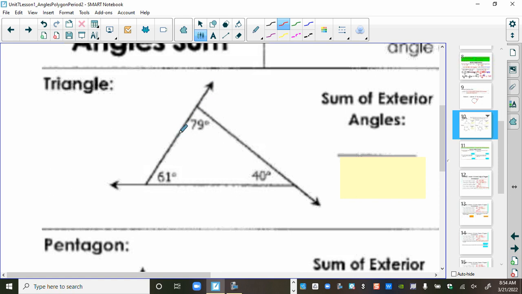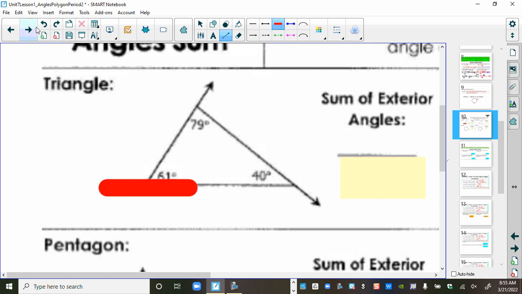If I form a line, it's formed by two angles. What must the sum of these two angles add up to be? Does anybody remember? So if I form a line right here, that's not the best looking line. This might be a little better. There's my line, right?